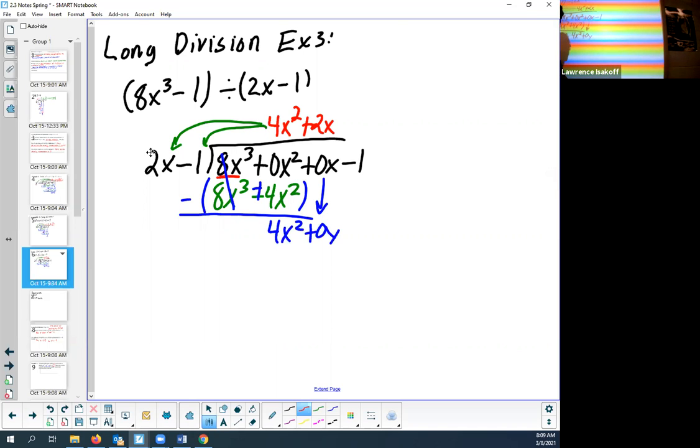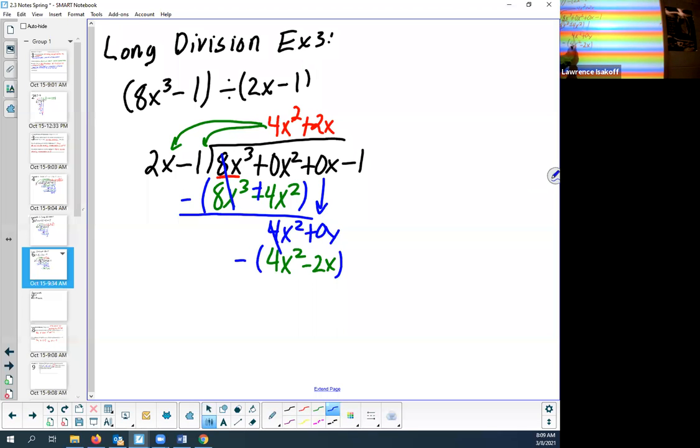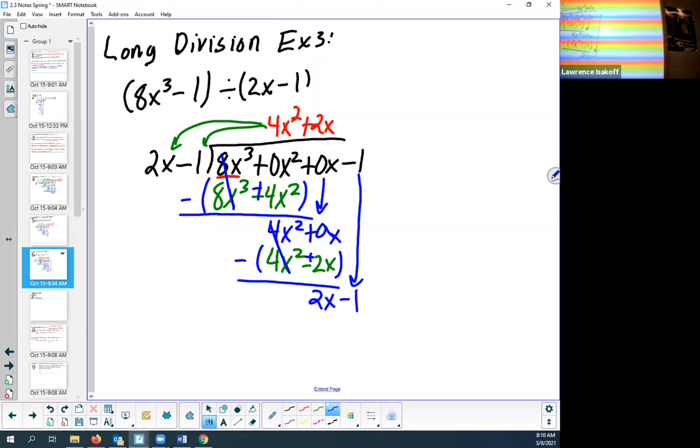Okay, 2x times 2x gives me 4x squared. 2x times -1 is minus 2x. And then we subtract. Those conveniently cancel, giving me a positive 2x, because minus a -2 is really +2. And then bring down the -1.